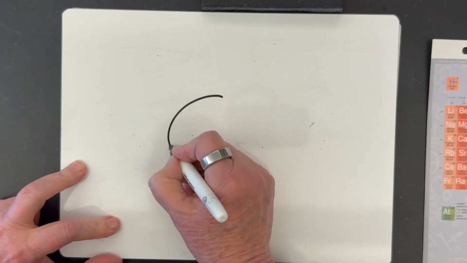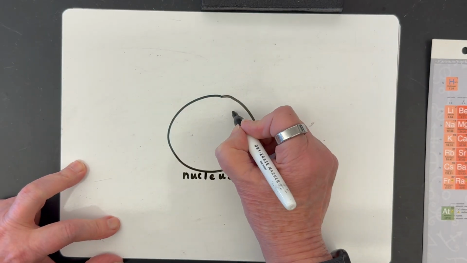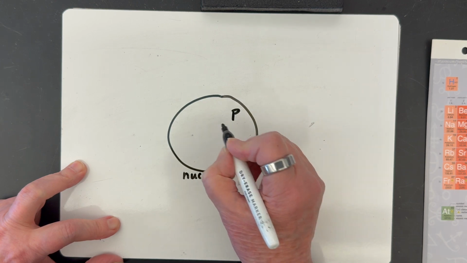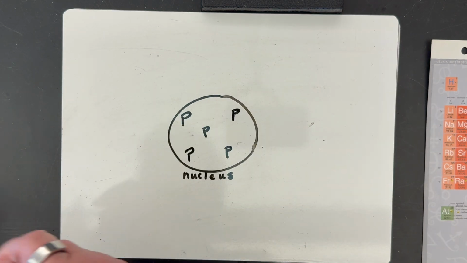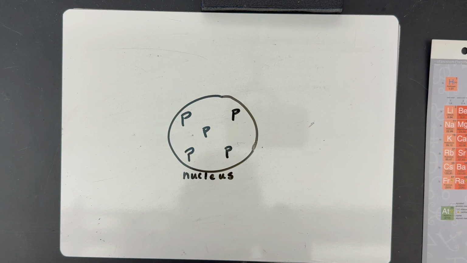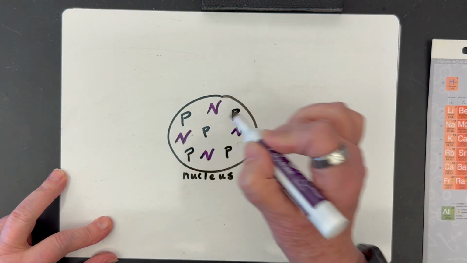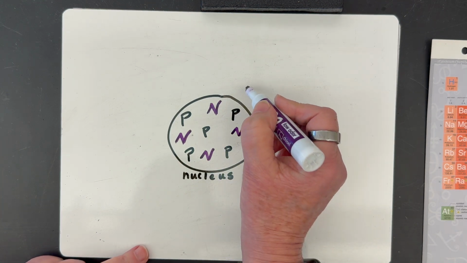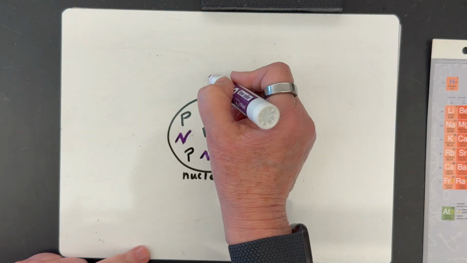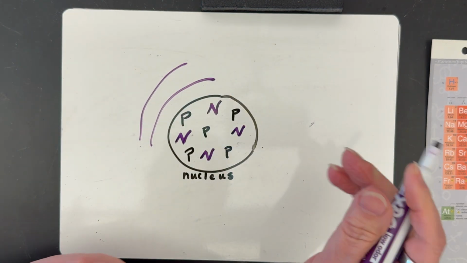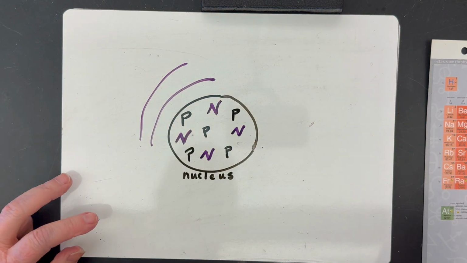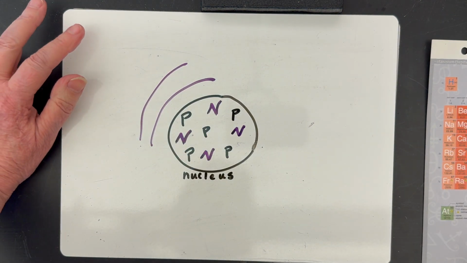Remember, in our nucleus, we have protons, and as separators between them, we have neutrons. And our electrons are out here, outside of the nucleus.